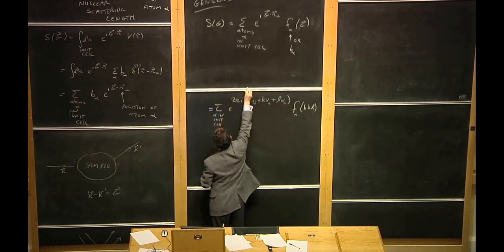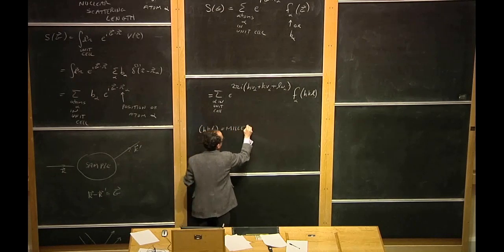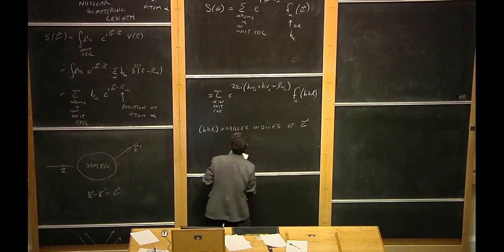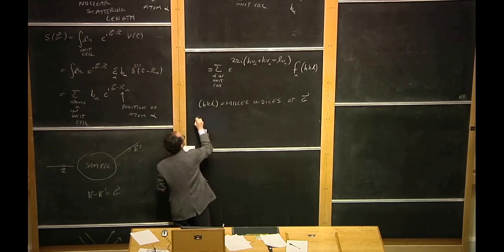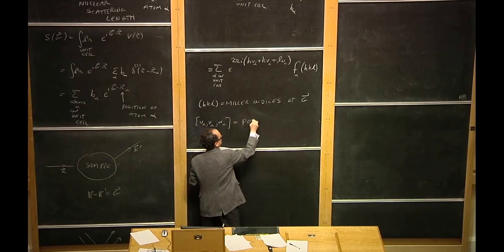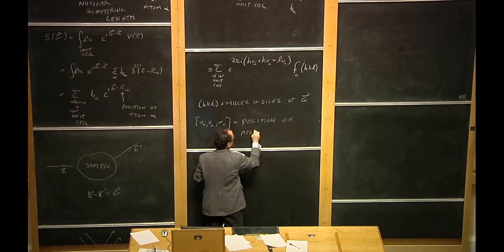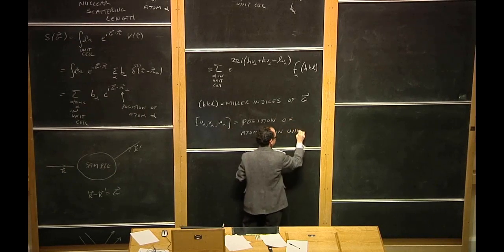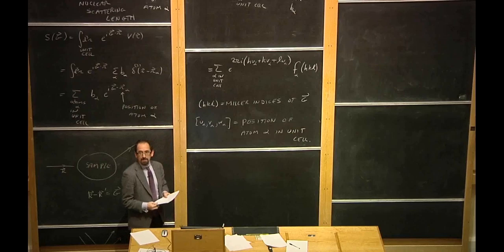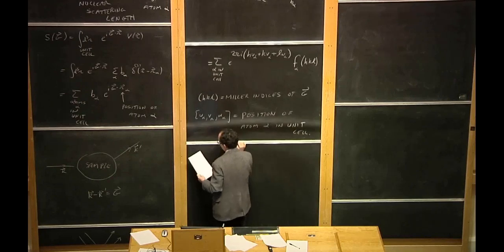So here, hkl are the Miller indices of the g vector, and u alpha, v alpha, w alpha equals the position of atom alpha in the unit cell. Okay, does that make people happy? Good so far?